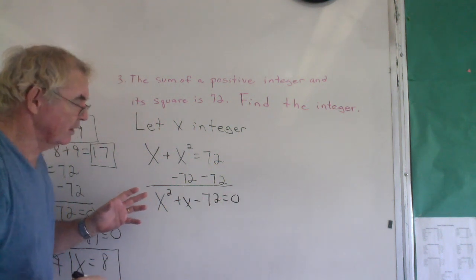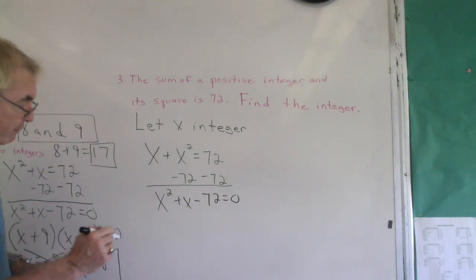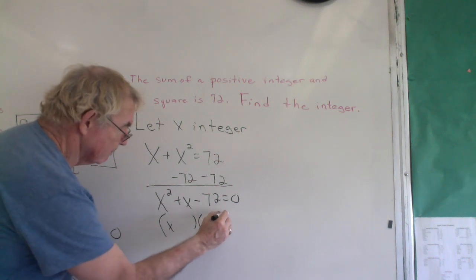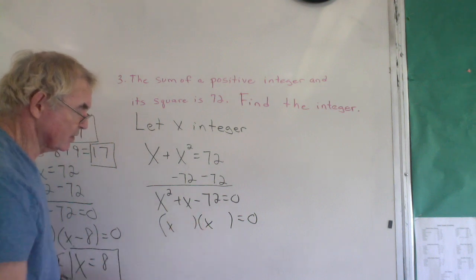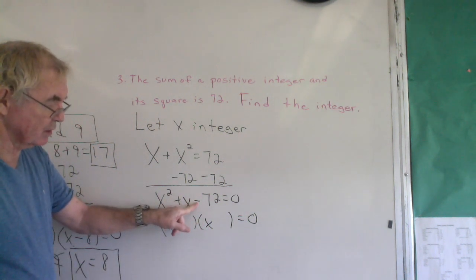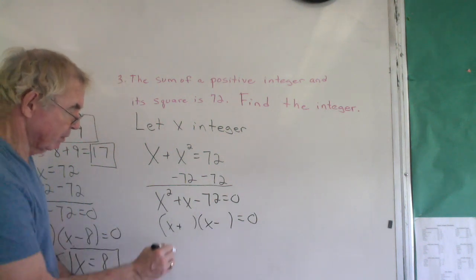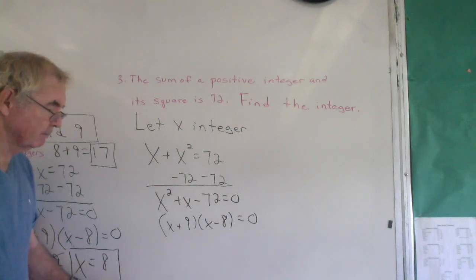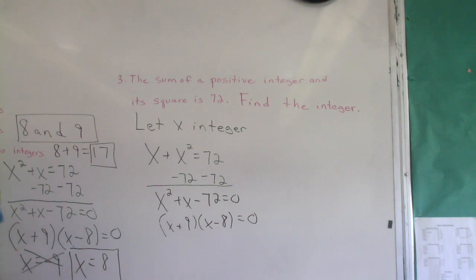And you can see now that just like the second example, we then factor this. We have our two x's. That sign says one's plus and one's minus. And we have plus 9 and minus 8. So we look at this and we have the same factors as we had in example 2.